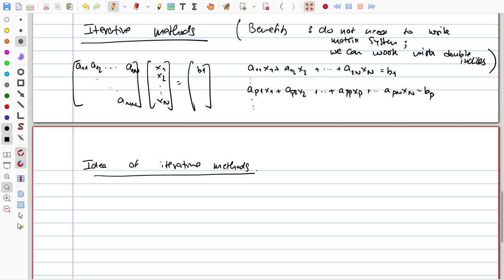So, the idea of iterative methods is, you start with a guess. Okay, you have a vector of unknowns here, you guess it, anything, maybe guess all of them to be 0, the whole vector of unknowns to be 0, it is a guess, right, and then you sequentially correct it. So, you go through different iterations. I should say improve the guess.